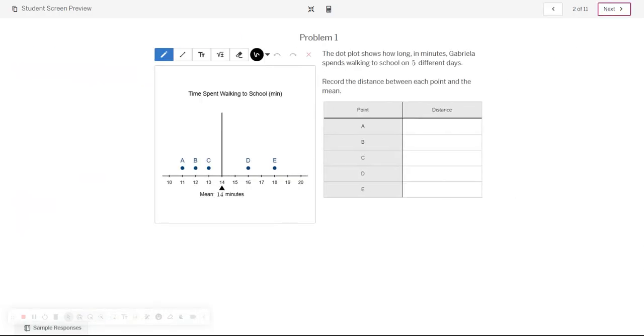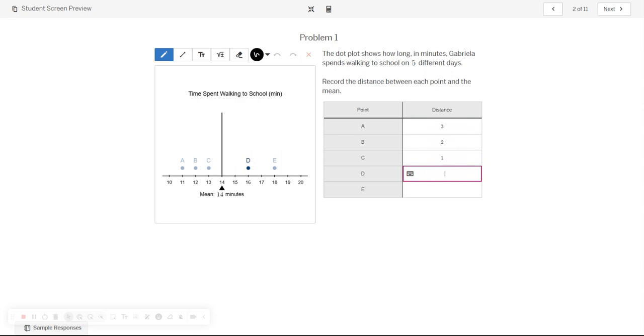And so it looks like they try to do this. From 14 to 11 is 3, from 14 to 12 it is 2, and from 14 to 13 is 1. So 3 plus 2 plus 1 is 6.